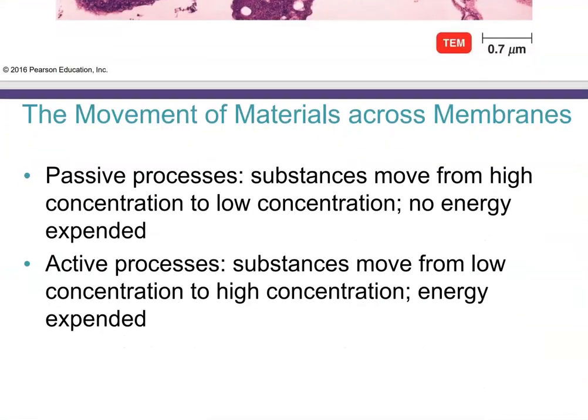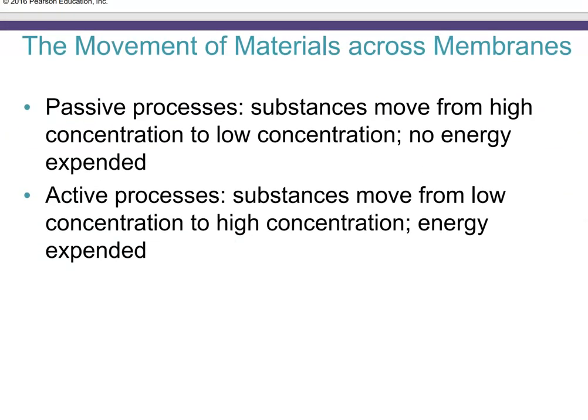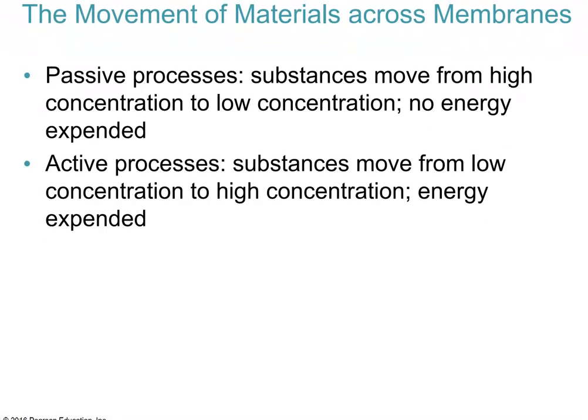Okay, the movement of materials across membranes. So let's spend a little time on that. The phospholipid bilayer is a nice barrier, but we typically embed pores into this phospholipid bilayer so that we can allow the movement of materials across these membranes.